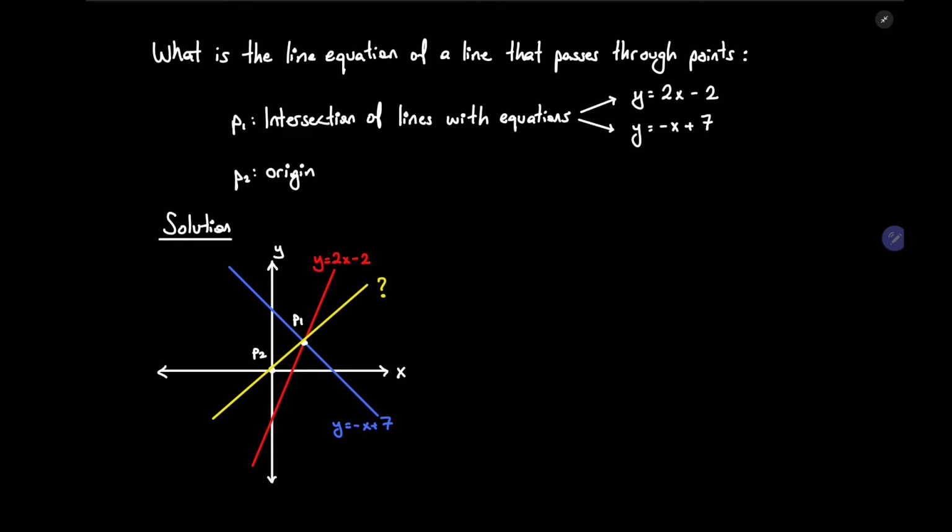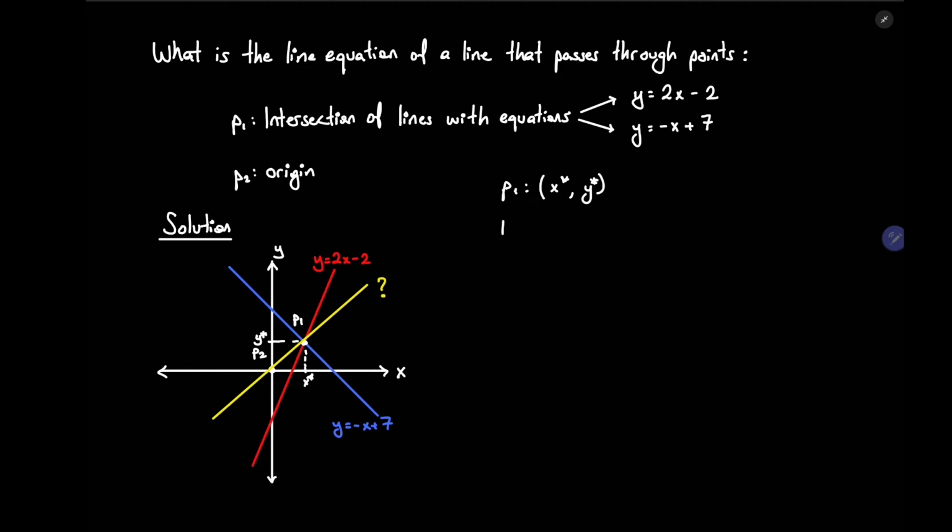So in order to find this equation, first we are going to find the coordinates of P1. Let's say that P1 is x star, y star. So this one is x star, and here this is y star.